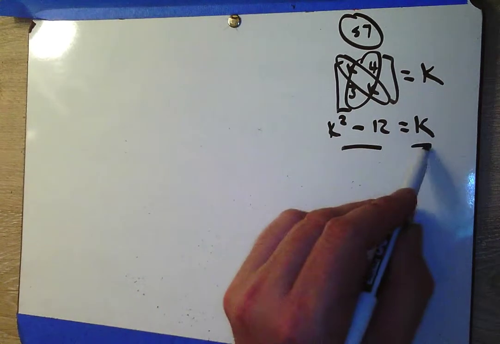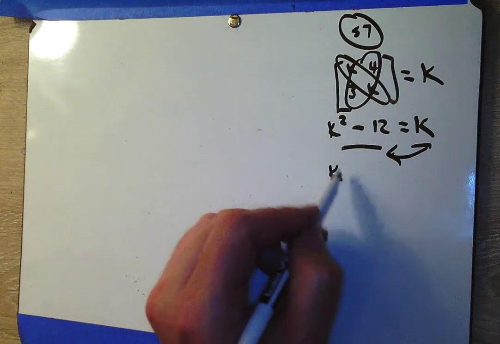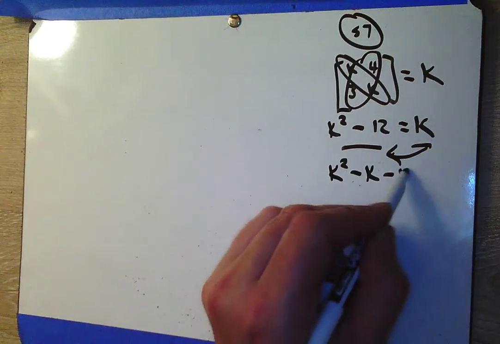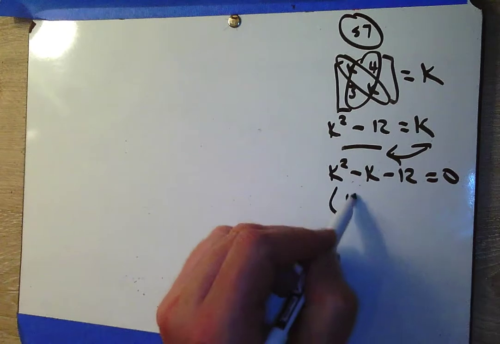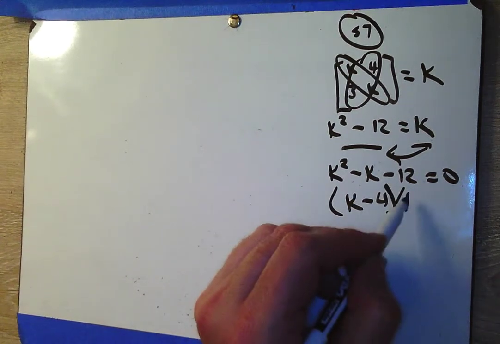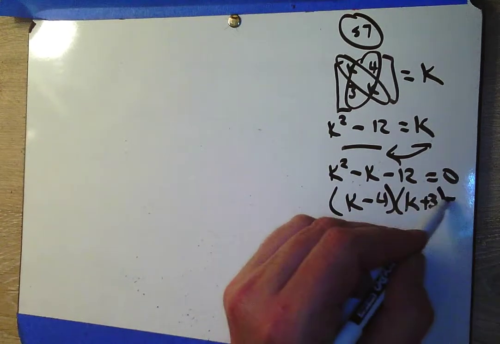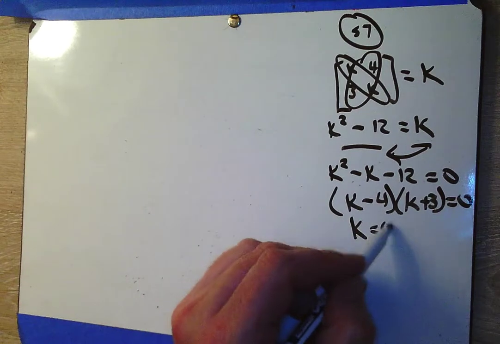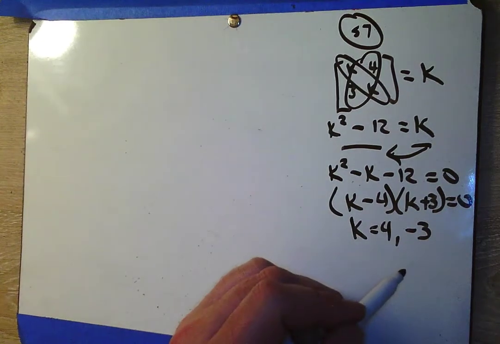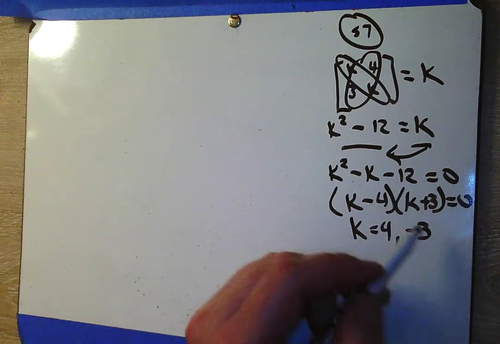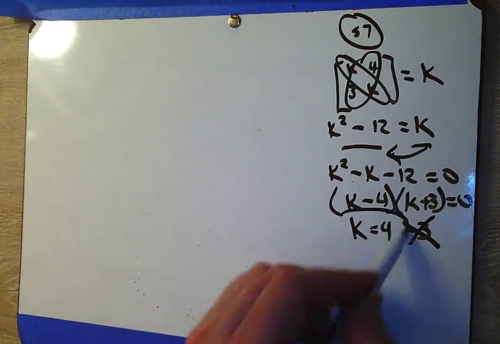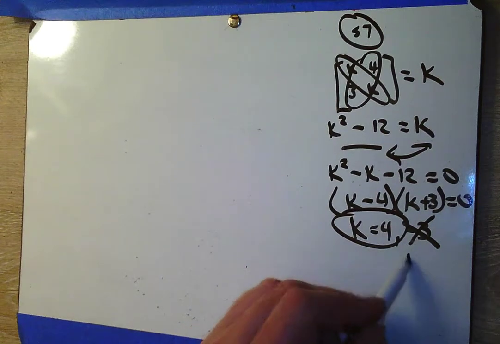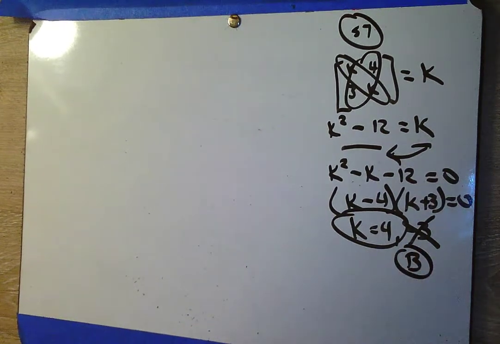Well, I see a quadratic equation, so I'm going to push everything onto one side and factor: k minus 4, k plus 3. I see k equals 4 and negative 3. But I notice in the problem it says for what positive real value of k. So k can't be negative 3. K has to be 4. And so my answer is B for number 57.